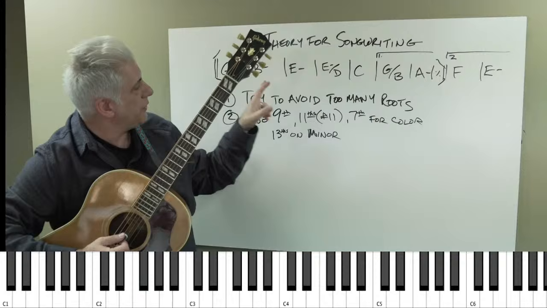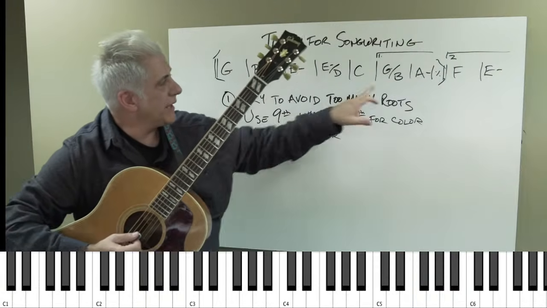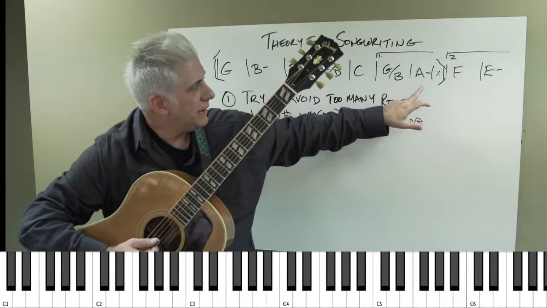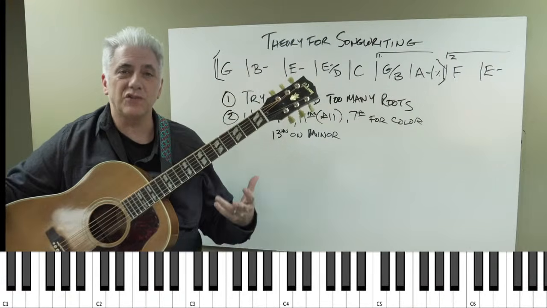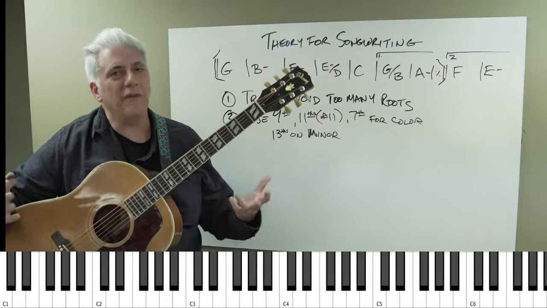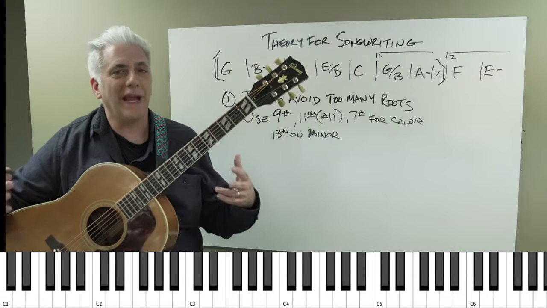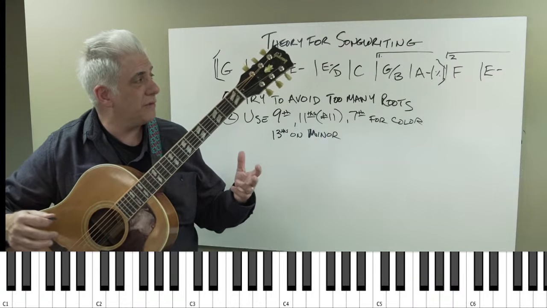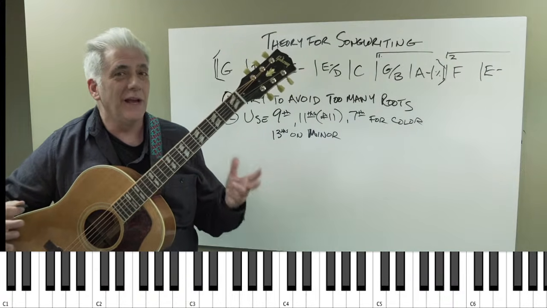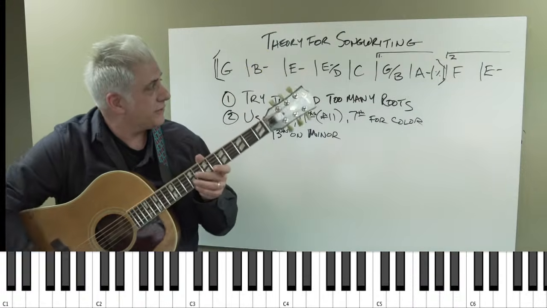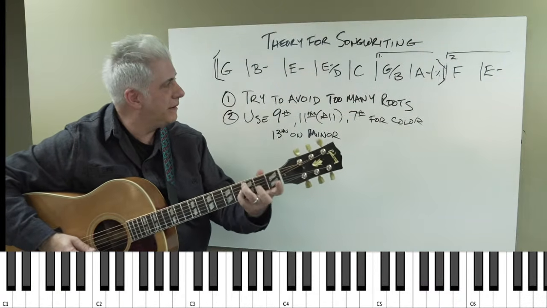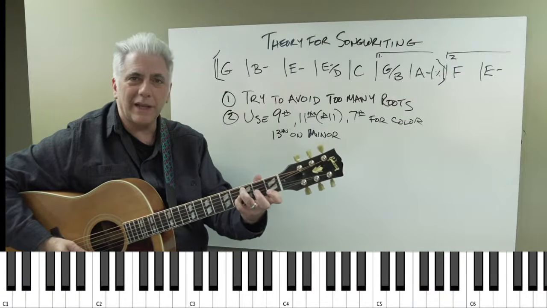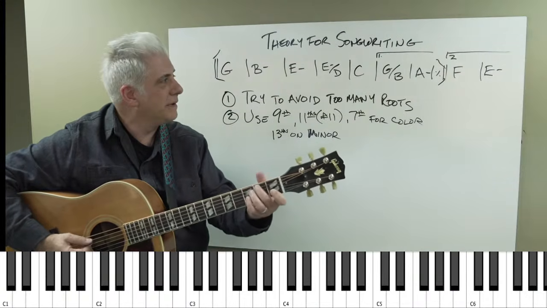So tension notes here, tension note here. There's all these tension notes or upper extensions used in the melody. If you don't have those, your melody will not have color. One thing to notice is that there's really very few roots in this, right? You got the C, but it's really at the end of the bar.